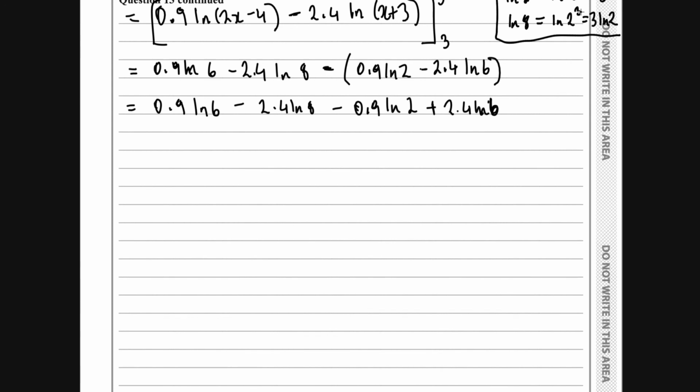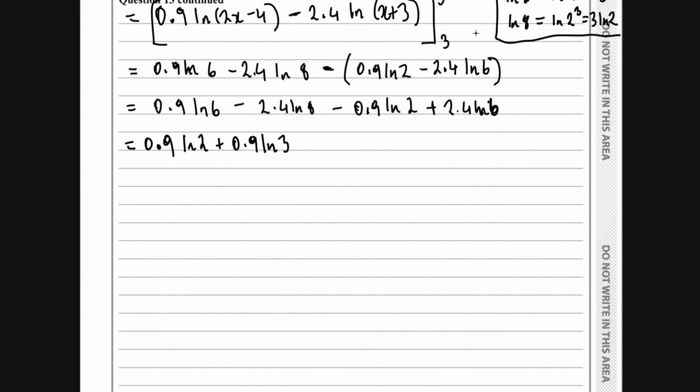Using these two applications of the logarithmic laws, I'm going to manipulate these in such a way that we've only got ln 2s and ln 3s left. So we've got 0.9, and here we've got ln 6 and ln 6, and that's going to turn into ln 2 and ln 3. But we need to remember to keep this constant tagging along with each ln that this ends up becoming.